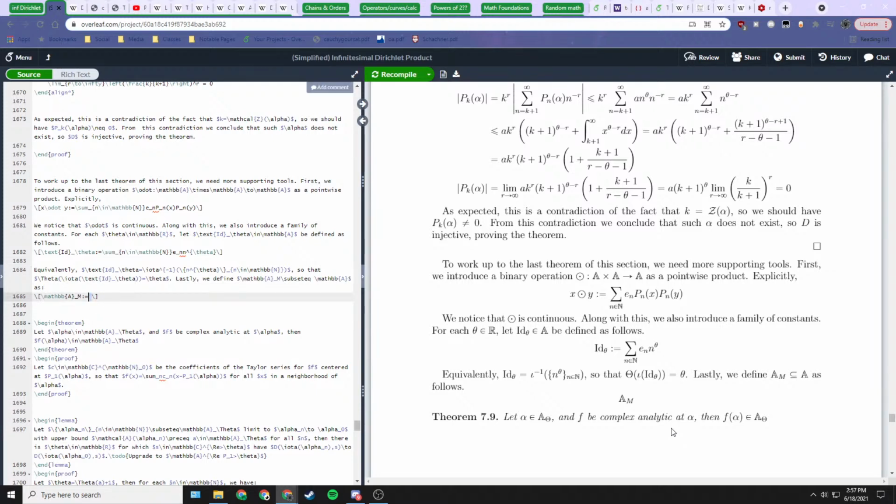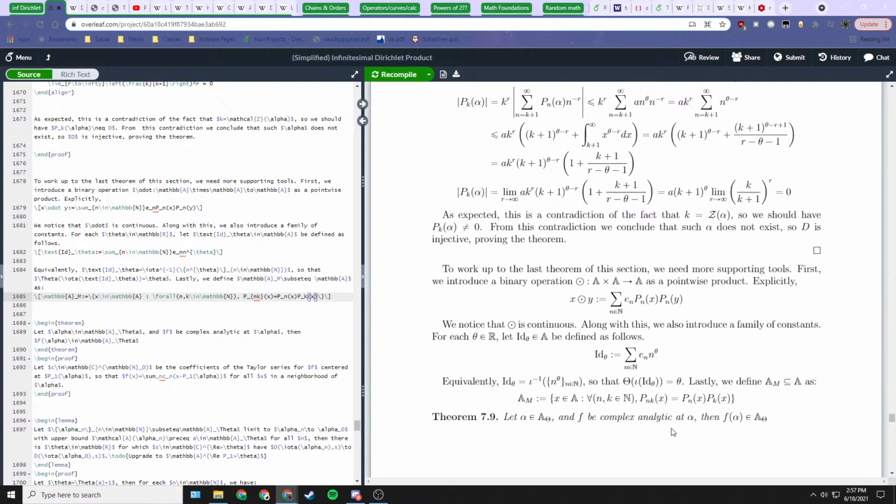So we have A sub capital M defined as equaling the set of X in A such that for all n, k in the naturals, P sub nk of X equals P sub n of X times P sub k of X. Actually, we want to be specific. We'll say this is X in A star.